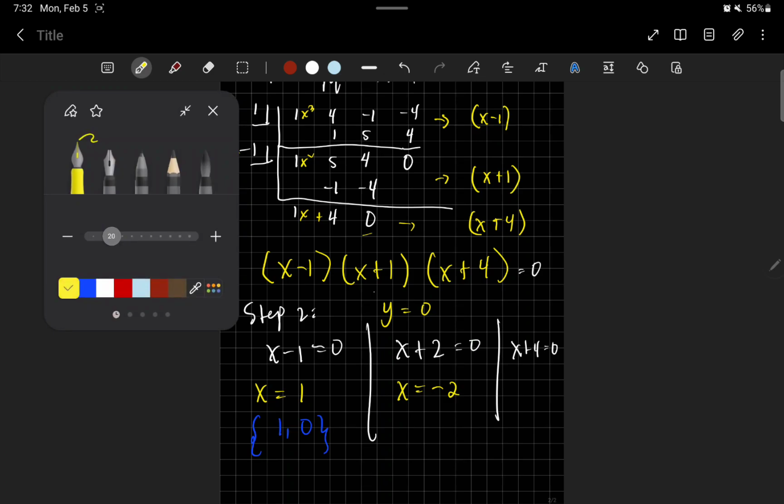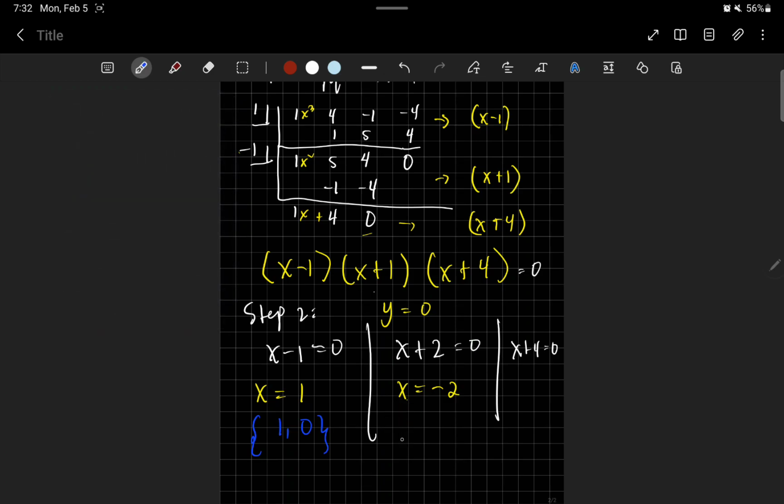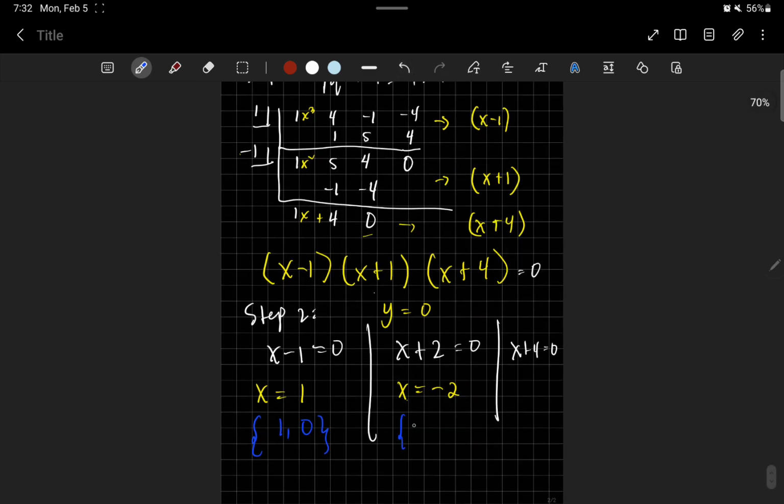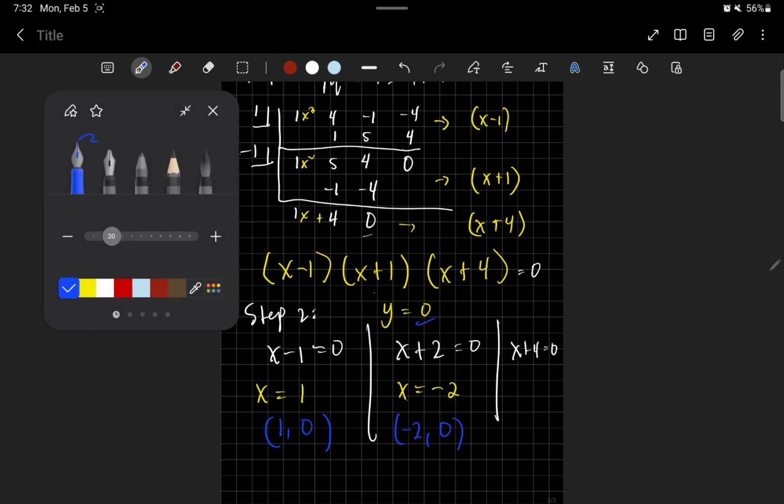Next, x plus 1 is equal to 0, that is x is equal to negative 1. The ordered pair is, your x is negative 1, and your y is equal to 0, so negative 1 comma 0. Not brackets. Next, x plus 4 is equal to 0.